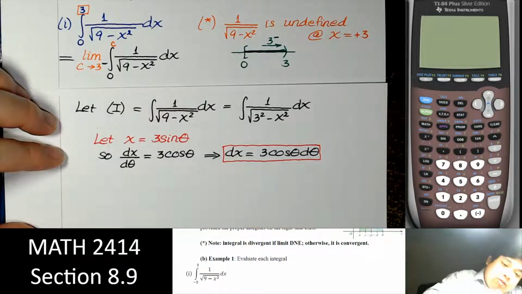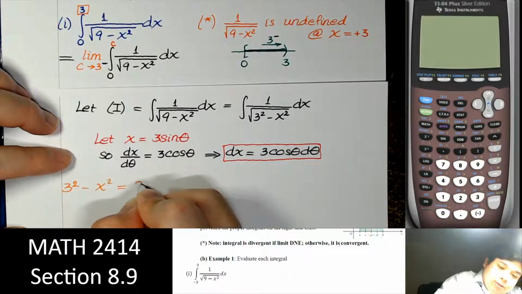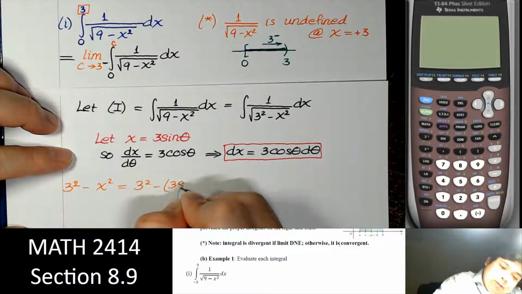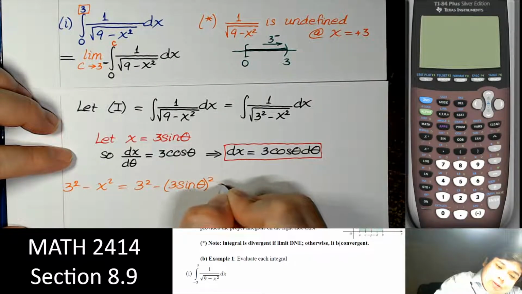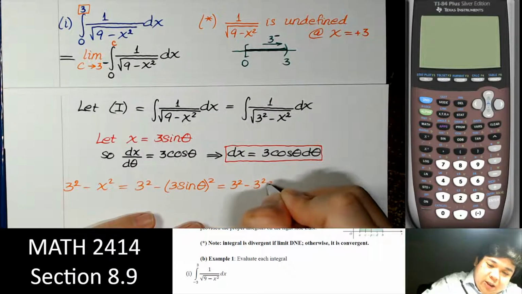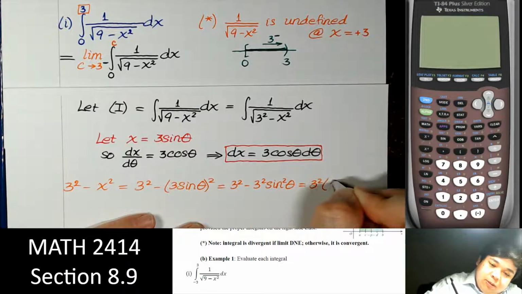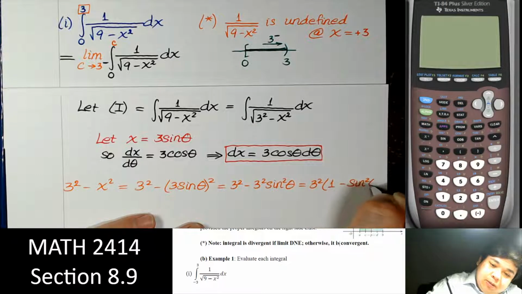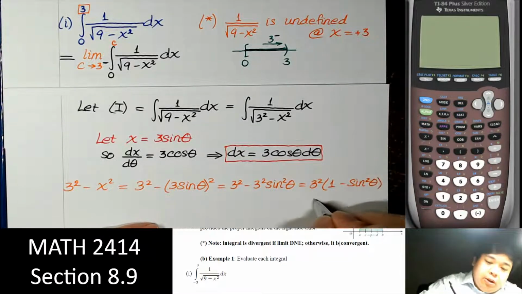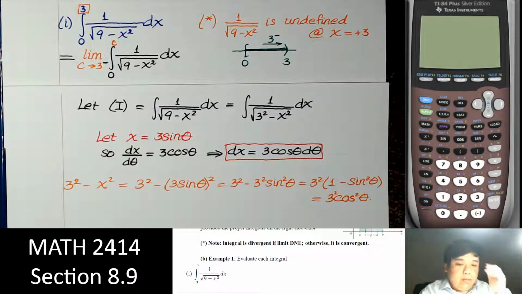The 3 squared minus x squared becomes 3 squared minus 3 squared sine squared theta, and that gives us 3 squared cosine squared theta.